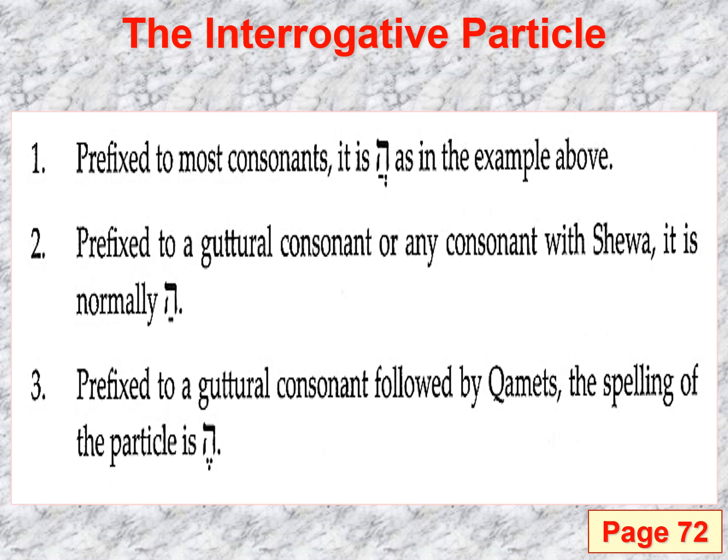Yes, context. Good job. Number 3, it can be when it's prefixed to a guttural consonant followed by a qamets. So you might end up having the hey with the segol. Again, I know that looks like a definite article when it's bumping up against some of the guttural letters. Context, context, and I think you know the third one.